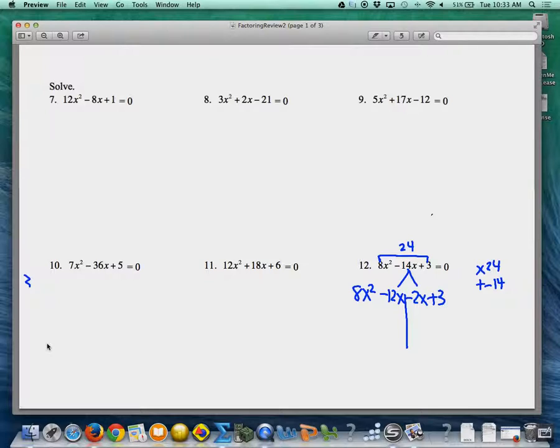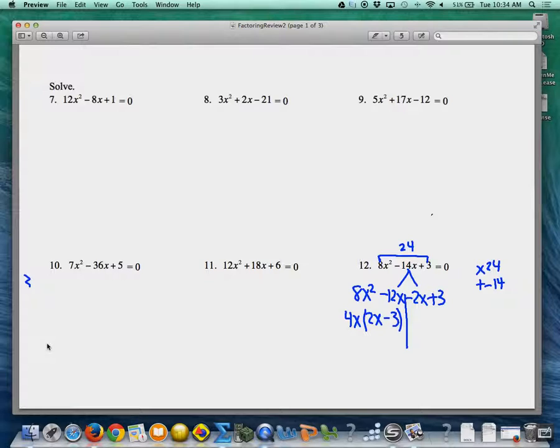Okay. Out of the first two terms, what can I factor out? 4x. And I'm left with 2x minus 3. Out of the right side, what am I going to factor out? Okay, whatever the sign of the first term is, that's what you have to factor out.